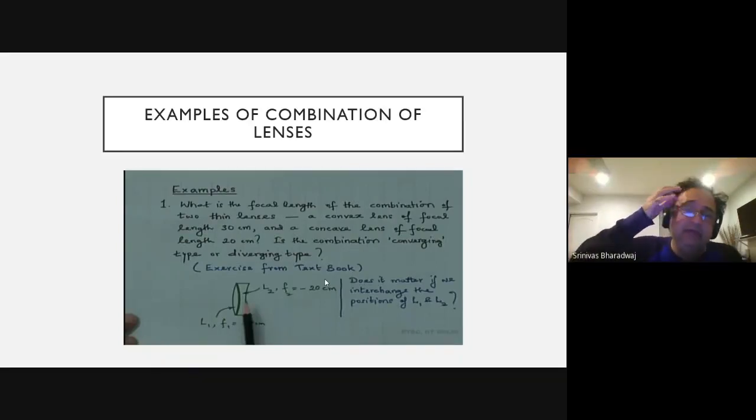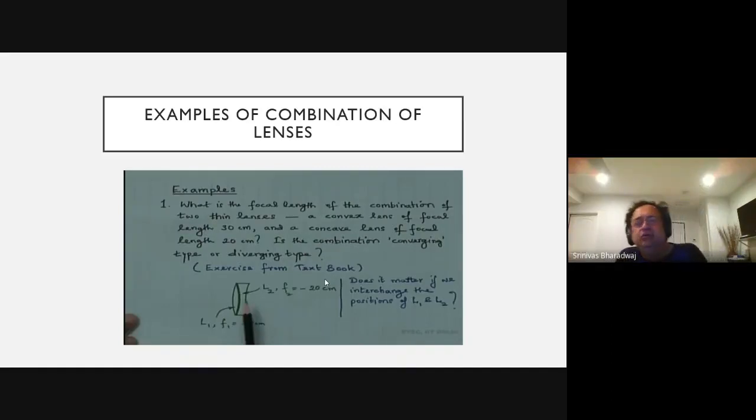Okay, so f1 is 30, f2 is 20, so 1 by f equivalent equals 1 by 30 minus 1 by 20. It is going to be minus. Therefore, it will be a diverging type. Because 1 by 20 is 0.05, 1 by 30 is 0.03, it will be negative 0.0166.